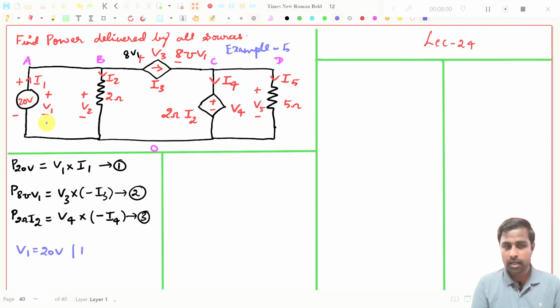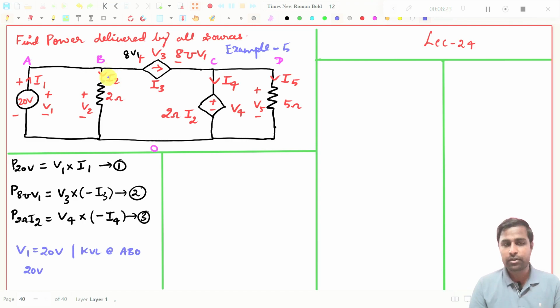So write KVL at ABO. Start from this point and write the expression like this. If I start from this point, I have to travel from minus to plus in the voltage source, so it will be plus 20, and I have to come like this.